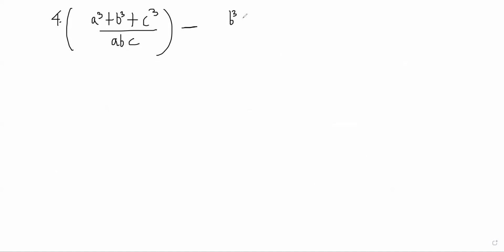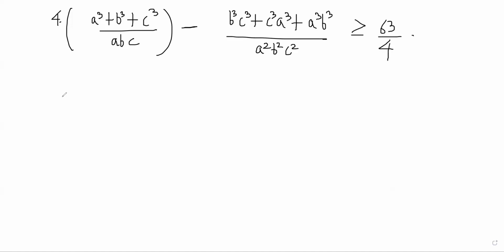I have 4 times (a cube plus b cube plus c cube) by abc minus (b cube c cube plus c cube a cube plus a cube b cube) by a squared b squared c squared is greater than or equal to 63 by 4. This is the condition that I have, right?